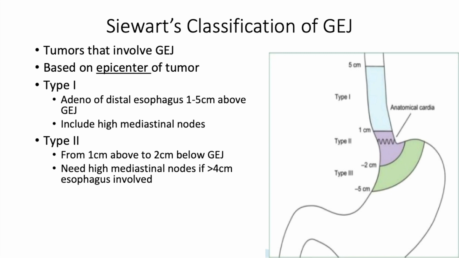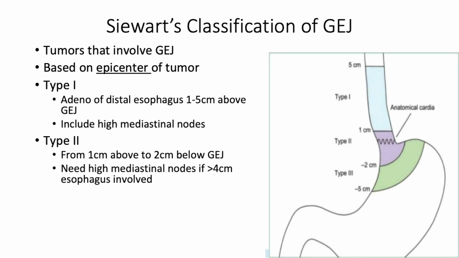There's data that if the tumor extends more than 4 centimeters up onto the esophagus, then there's a reasonably high chance of high mediastinal nodes. So you need to resect high mediastinal nodes, which typically requires a thoracic incision, essentially like an Ivor Lewis. So those are going to be approached more like an esophageal cancer.